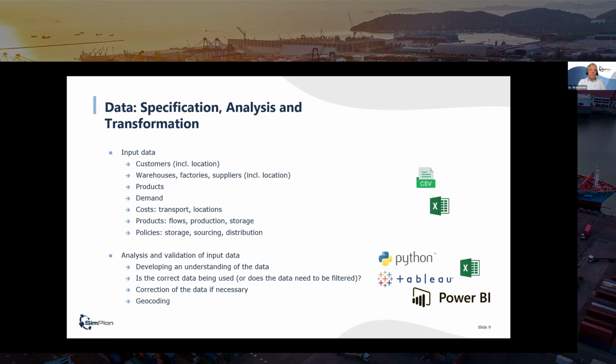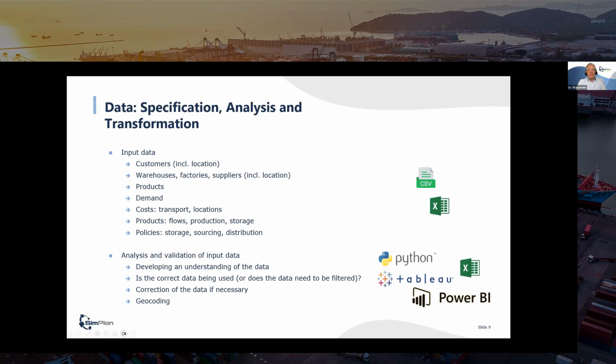And for sure, in case of the network optimization, we also need flows, production strategies, and storage strategies. Mostly we get the data in form of comma-separated text files. The preferred format we use, or Excel, if the customer is more familiar with Excel and is not familiar with this format.